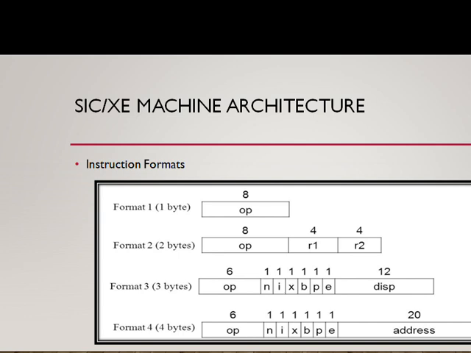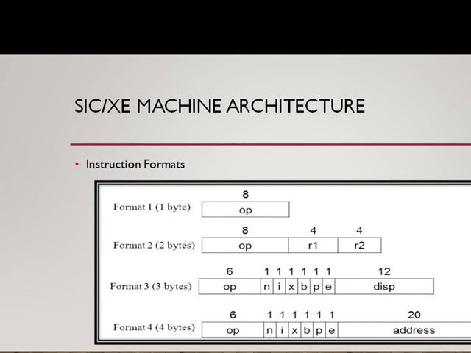Format 3 is of 3 bytes which has the flag bits in it. Opcode is of 6 bits and the flag bits are direct addressing, indirect addressing, index register, base register, program counter and E, and also the address is of 12 bits. Here each flag occupies 1 bit.